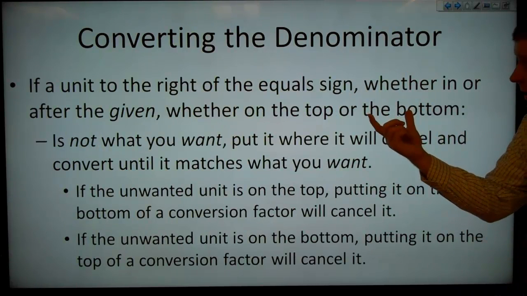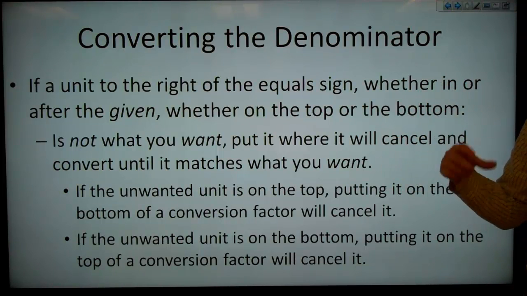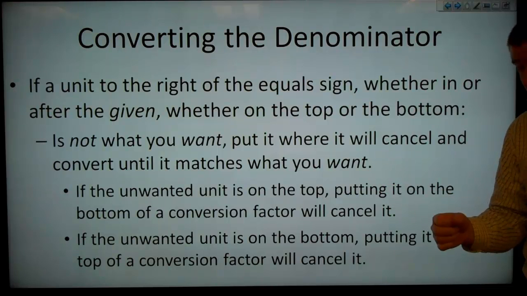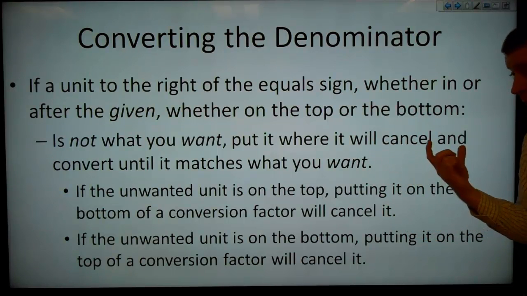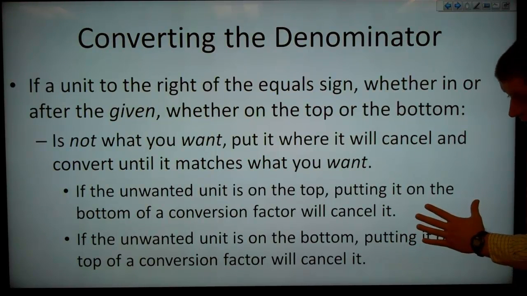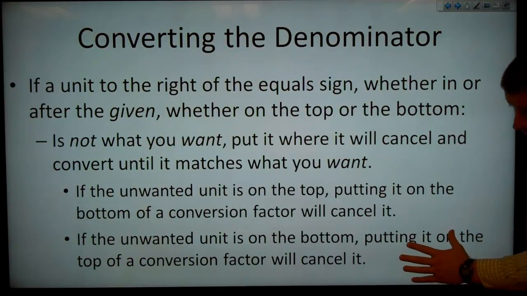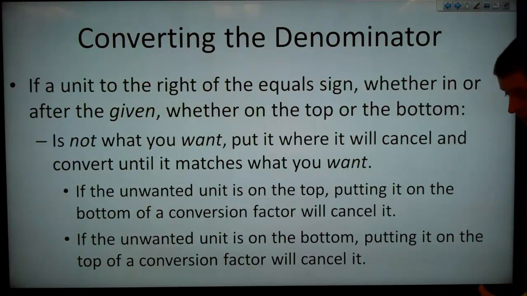If a unit to the right of the equal sign, whether in or after the given, whether on top or on the bottom, is not what we want, then we want to put it where it will cancel and convert it till it matches what we do want. So if the unwanted unit is on the top, then putting it on the bottom of a conversion factor will cancel it. If the unwanted unit is on the bottom in a denominator, then we want to put it on the top of a conversion factor, and that will cancel.